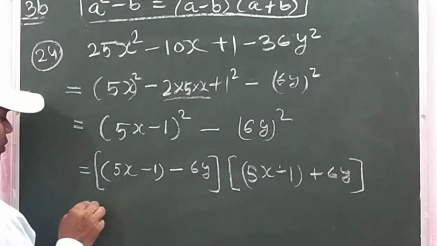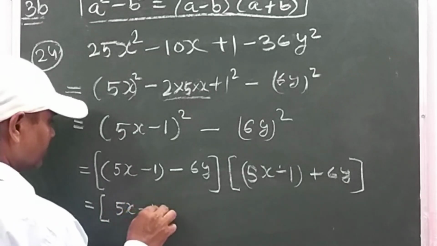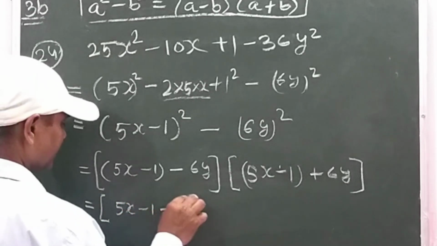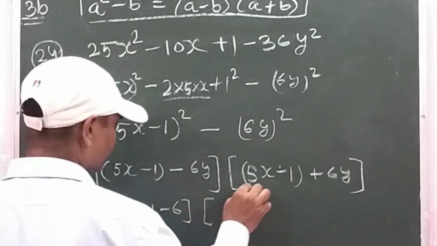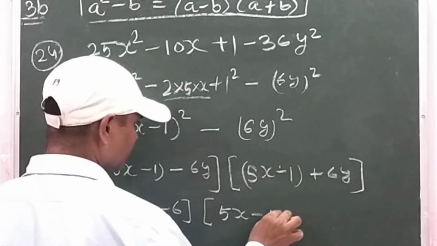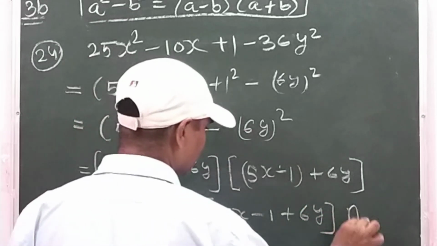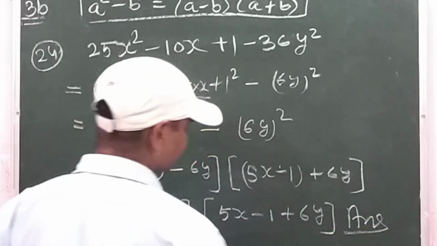Now we can solve the brackets: 5x minus 1 minus 6y in one, and 5x minus 1 plus 6y in the other. This is our answer.